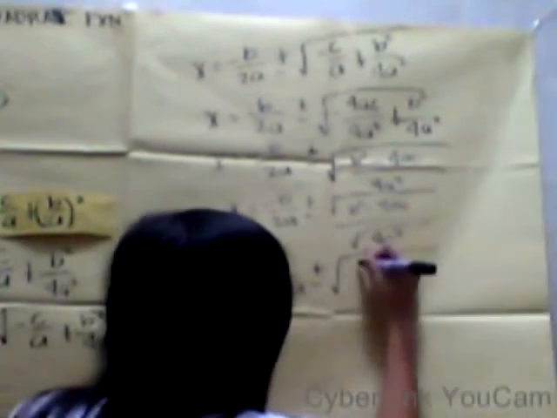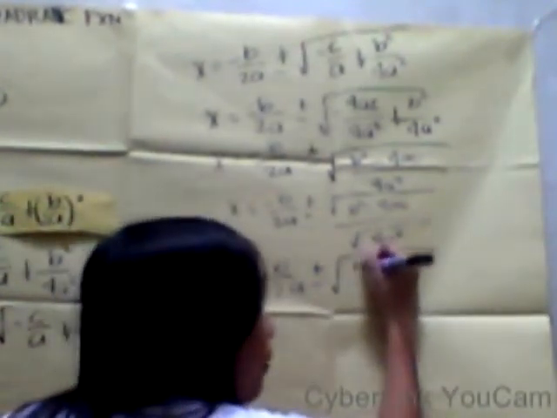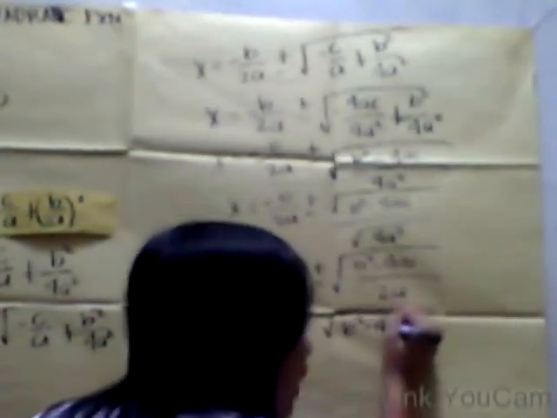So x is equal to negative b over 2a plus or minus the square root of b squared minus 4ac over 2a. Then x is equal to negative b plus or minus the square root of b squared minus 4ac over 2a.